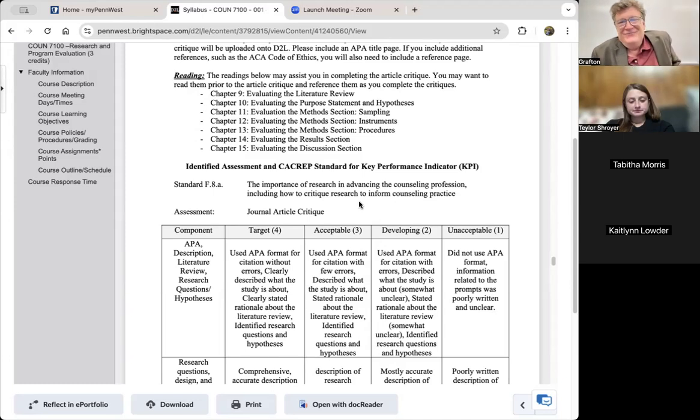I'd rather help you with the content. That's what I want to focus on. I want to make sure that you understand the article that you're writing about. And I want to teach you about each section and everything like that.